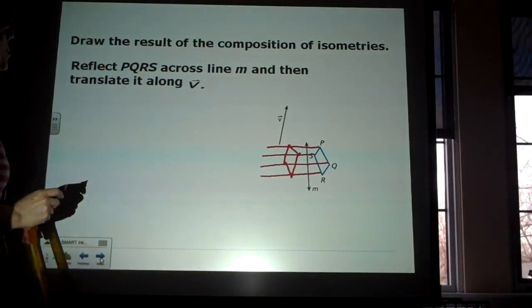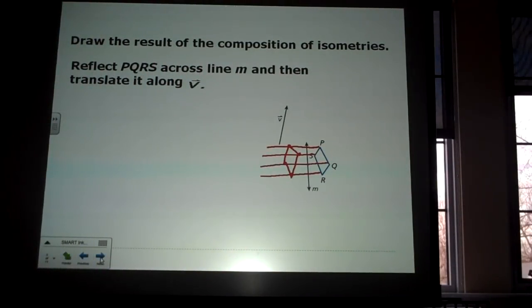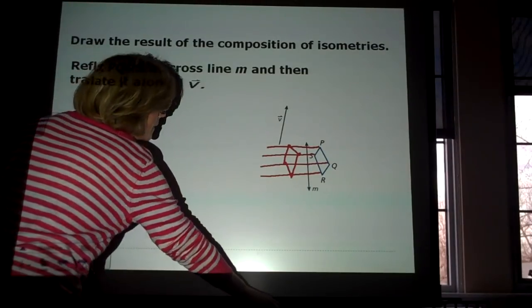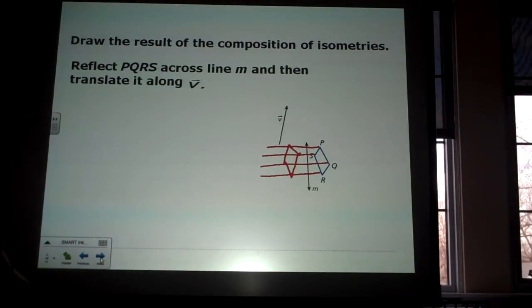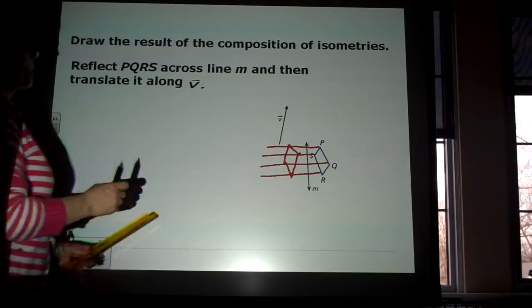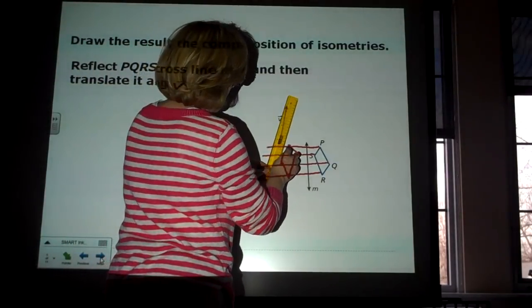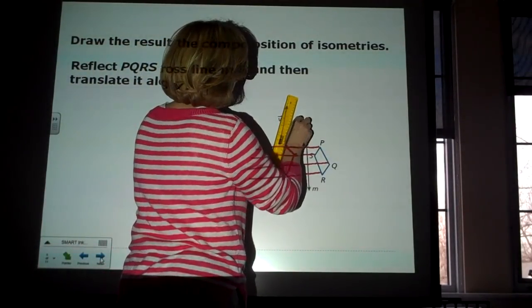Okay. So I just reflected quadrilateral PQRS across reflection line M. Now I need to translate it along vector V. So this is where you draw the parallel lines at each vertex.